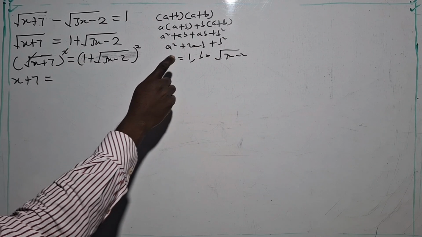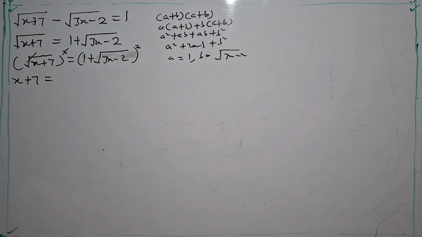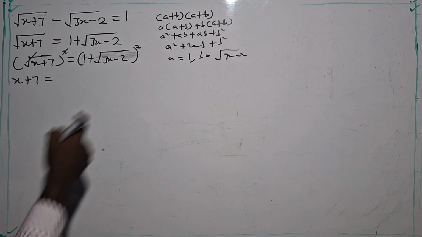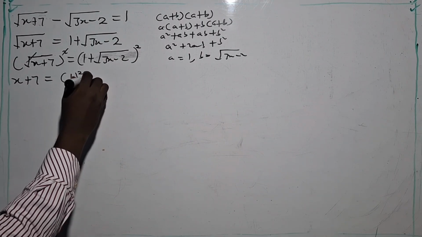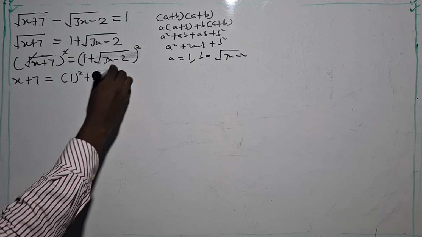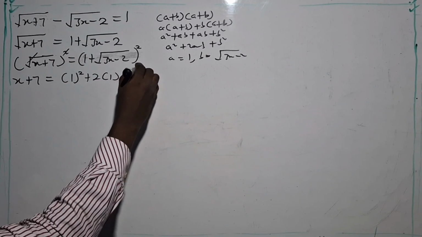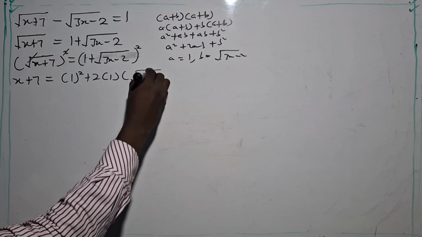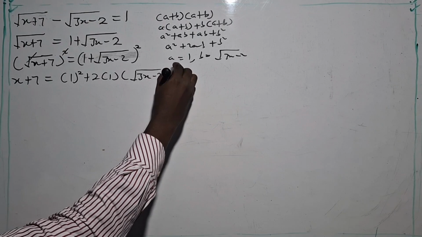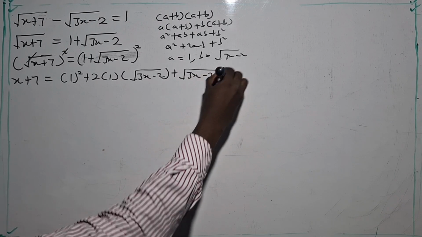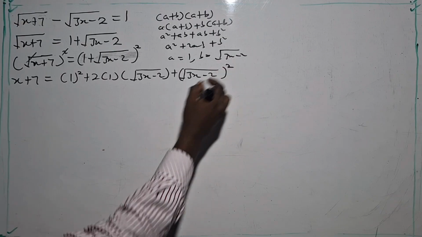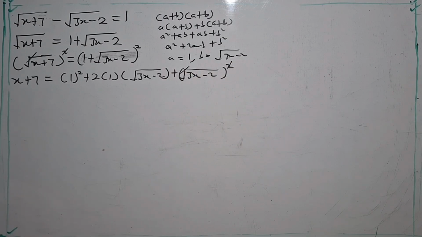So here, since our a is 1, then our b is the square root of 3x minus 2. So the first one a squared. So we are going to get 1 squared, then plus 2 times 1 times b, which is the square root of 3x minus 2, plus b squared, the square root of 3x minus 2 squared, for which the square will cancel the square root here.